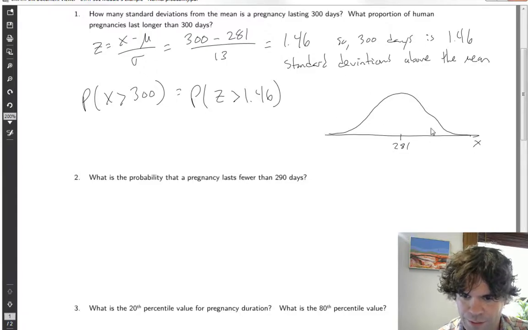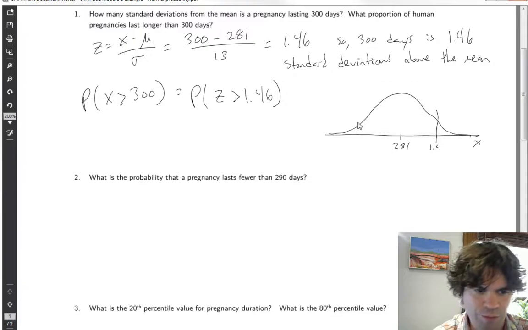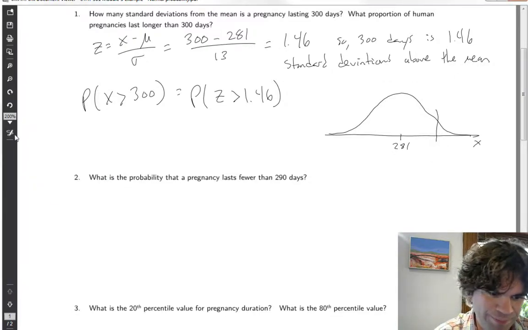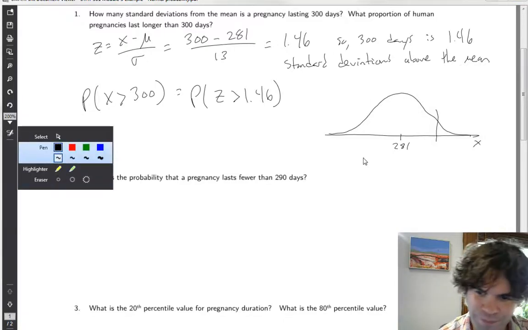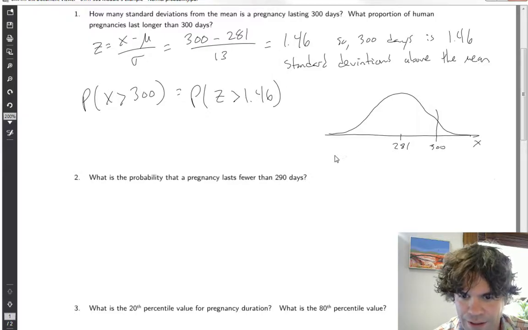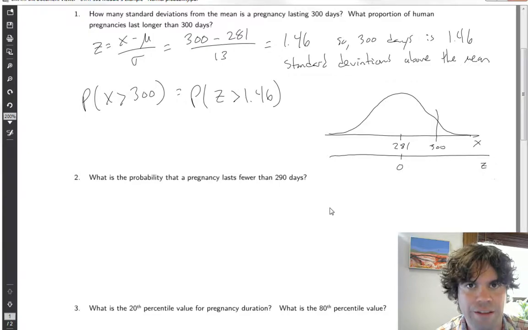So 300 is 1.46. That's out here somewhere. And so what we did when we converted to z is we just said, okay, let me rewrite this axis as z, which always has a mean of 0, and 300 was converted to 1.46.